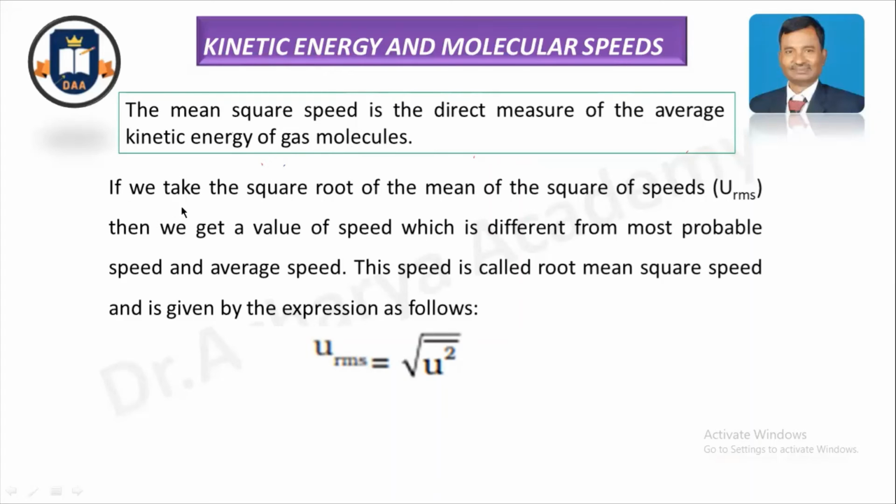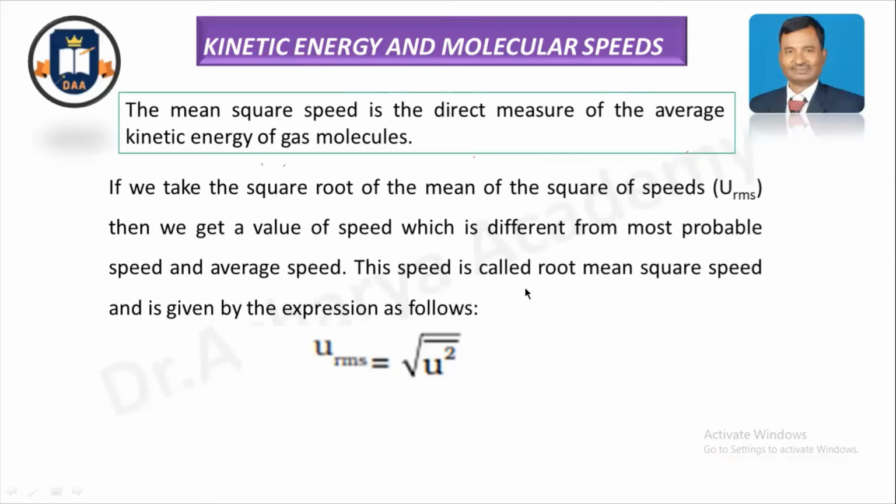And if we take the square root of the mean square of speed, we get another term, u_rms, with subscript rms for root mean square, all in small letters. This gives a different value from the most probable speed and average speed.